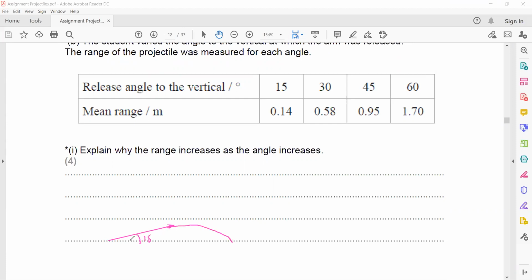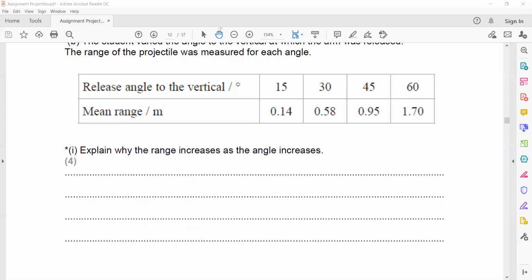So at 15, if the initial speed is the same, then at 30, then 45 will have a maximum range, and when it is launched at an angle of 60, the range at 60 and the range at 30 will be the same. At 45, the range will be maximum, but that is when the angle is given with horizontal. This is not the angle with horizontal.